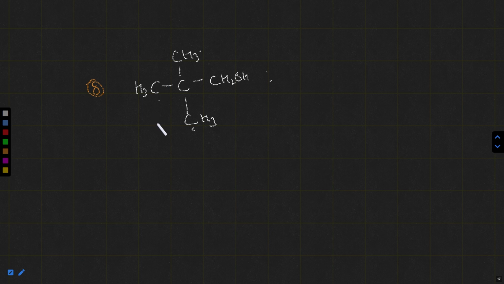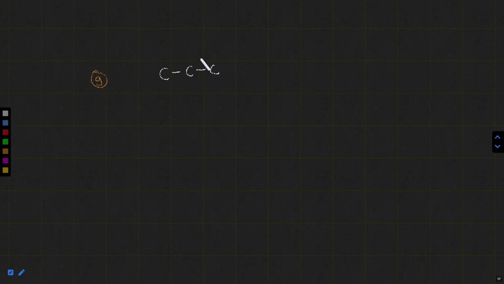Next, what next skeletal structure is possible? 8 we have already drawn. So with 5 carbons, let me just try it. 1, 2, 3. This one is already drawn. 2, 3, 4, 5. So I think 8 structures are the maximum.